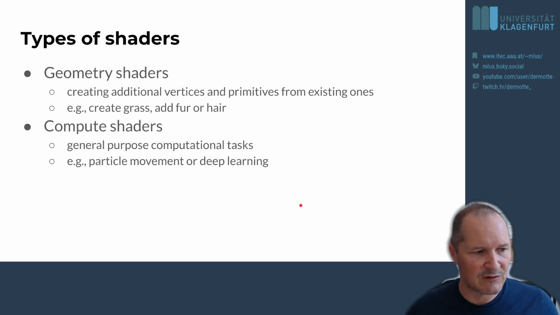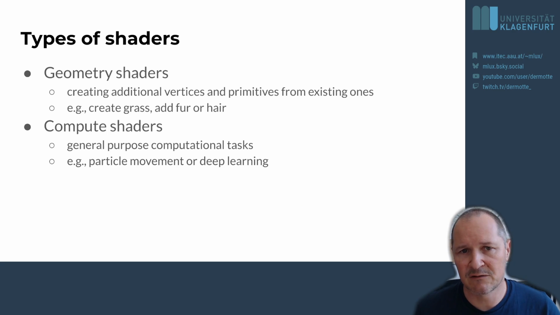Then you have geometry shaders, which invent new geometry, like creating additional vertices and primitives from existing ones, for instance creating grass or fur or hair. And compute shaders, which are used for general purpose computational tasks, for instance, particle movement.